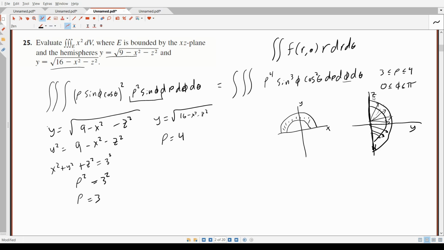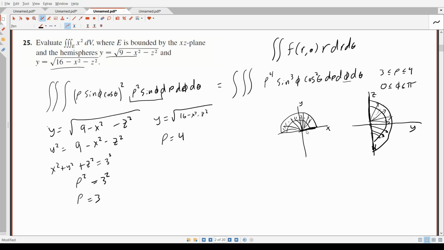And what about theta? I'm going to look over here. This is the top view of my object, so z is sticking straight out of the board. Theta is measured from the positive x-axis, so that's going to be this here, going around this way.